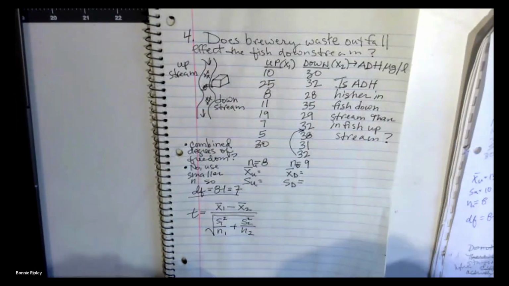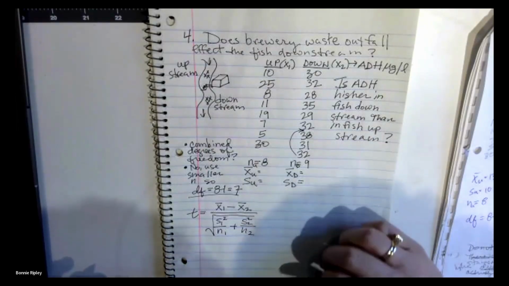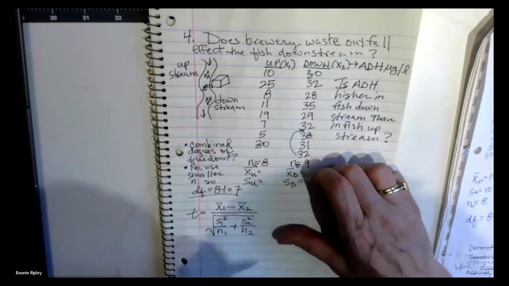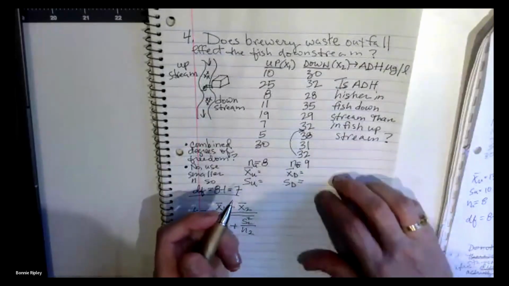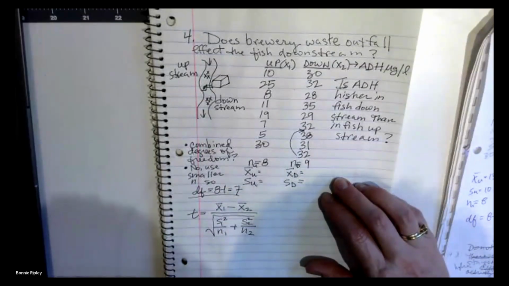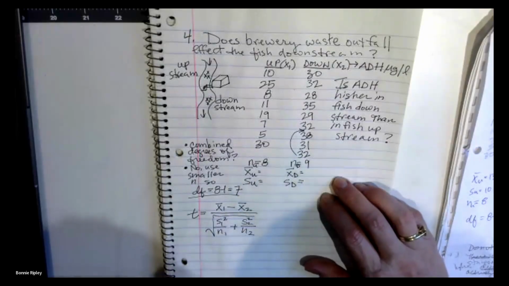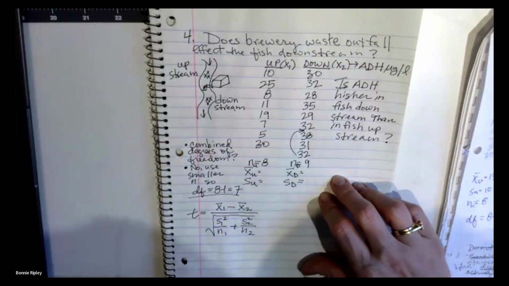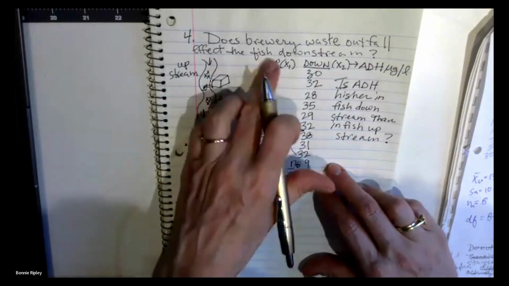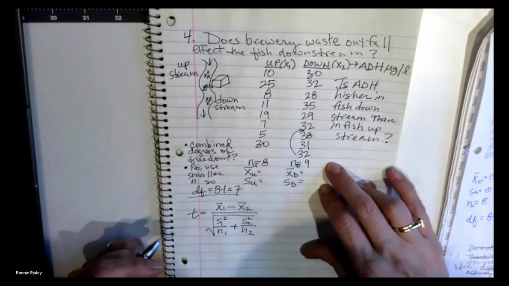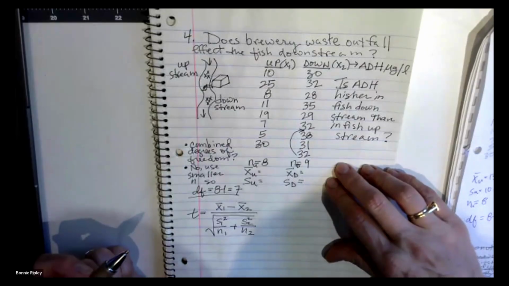Instead of imposing a condition on them, we're collecting them from the environment, from a location where they've been exposed to a certain kind of treatment, if you want to think about it. So our upstream fish are like the control, and the downstream are the treatment.